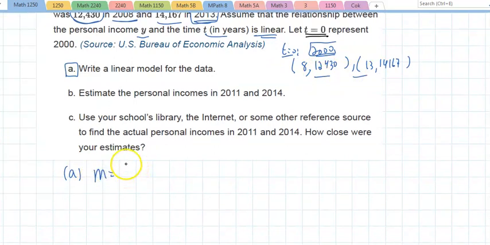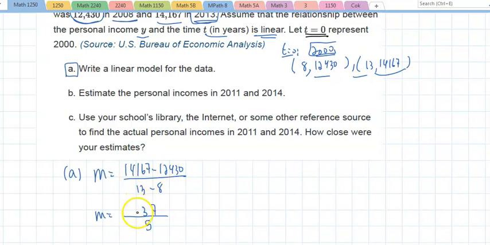I have 2 points. I know to find the slope given 2 points. I'll take either point. The slope will be y2, 14,167 minus y1 over x2 minus x1. The slope would be, the denominator is 5, this is a 7, a 3, 4 out of 11 is a 7, 2 out of 3 is a 1.